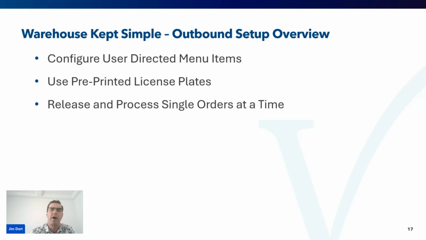And that's obviously one of the values of a warehouse management system, to be able to do wave picking for multiple orders at a time. But that can lead to complexities and challenges from an end user's perspective. So, to the maximum extent possible, processing an order at a time is a simpler approach from an outbound warehousing perspective.